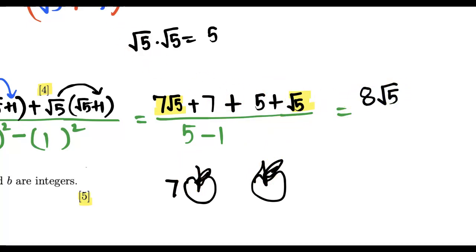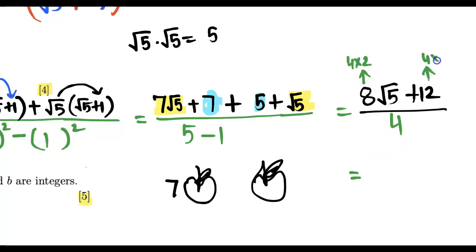And 7 plus 5 will give us 12, over 5 take away 1, that is 4. Now let's simplify it a bit more. Can we take 4 out as a common factor? This 8 can be written as 4 times 2, and 12 can be written as 4 times 3.